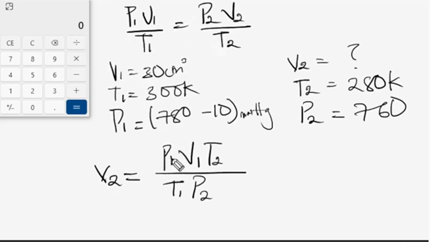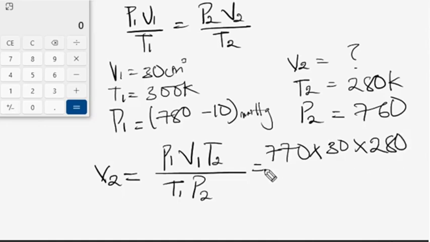If you don't still understand this, you can let us know via the comment section below. So guys, P1 here is 770, since it's 780 minus 10, so that's 770 millimeters of mercury, times V1, that's 30 centimeter cube, and then T2 is actually 280 Kelvin.